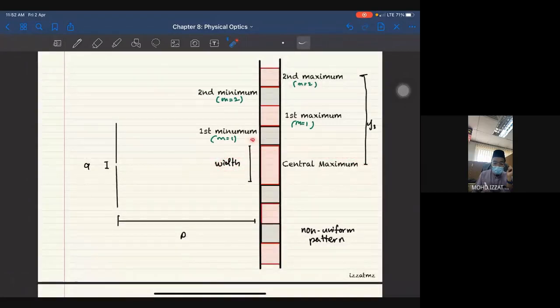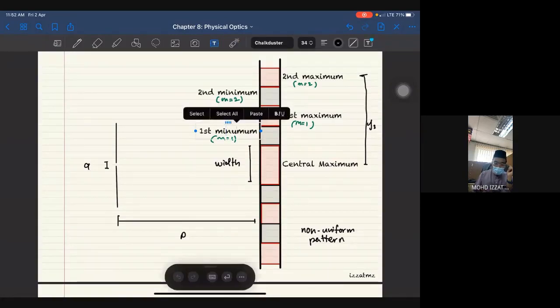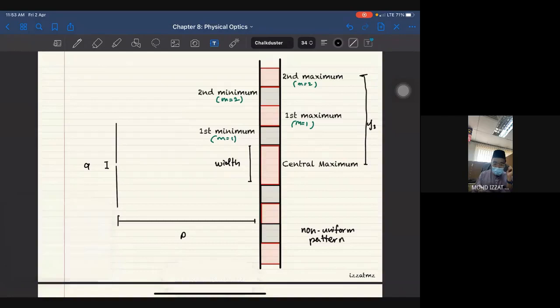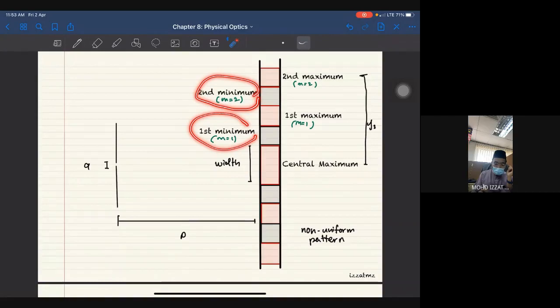Okay. The first minimum is when m equals to 1. The second minimum when m equals to 2.